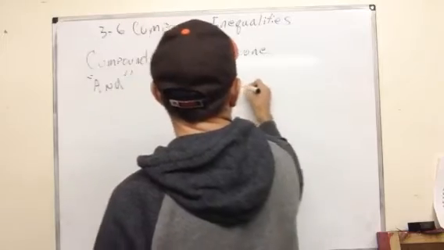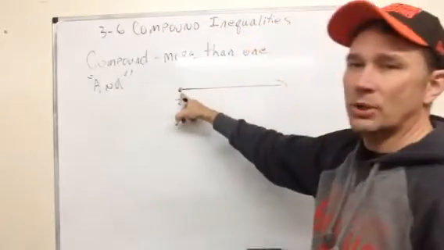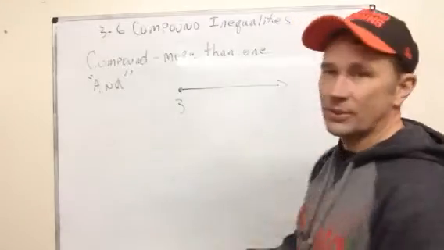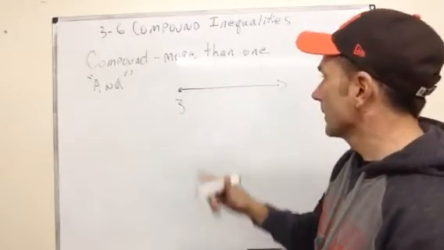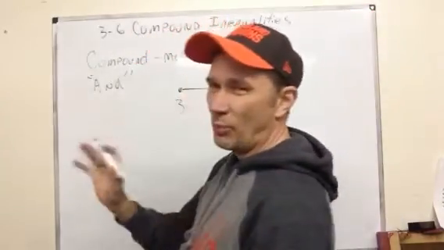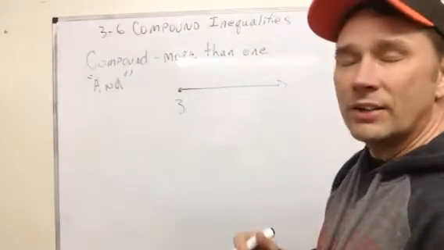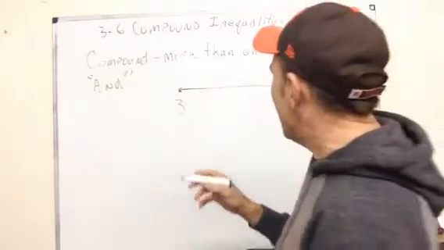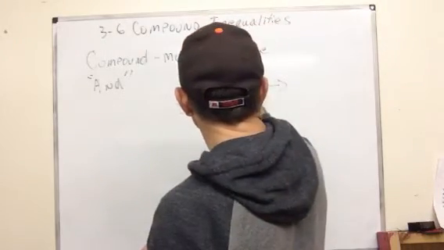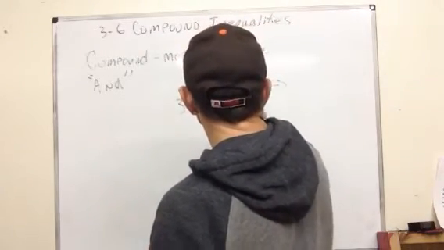So if we were to graph this, these would be all numbers, including 3, that are greater than 3. There's a couple ways we can write this, but we'll talk about that in a little bit. But maybe it's x is greater than or equal to 3, and x is less than or equal to 7.